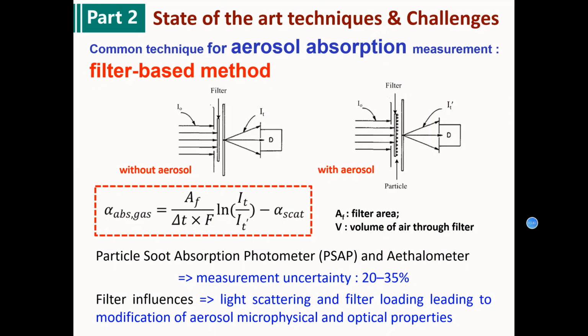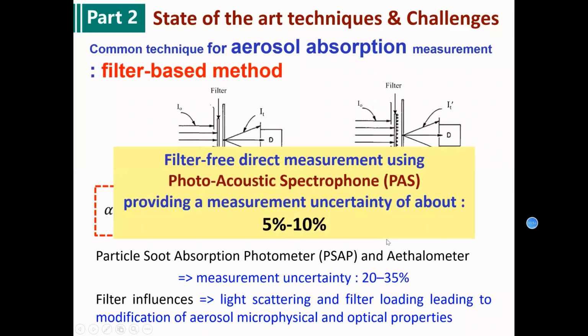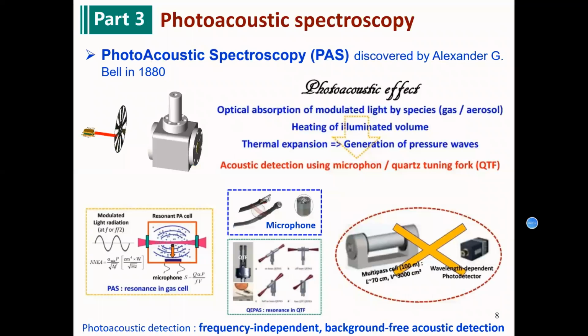Therefore, the measurement uncertainty is around 20 to 35%. But photoacoustic spectroscopy can measure the aerosol in its natural state with a measurement uncertainty of 5 to 10% without using a filter.